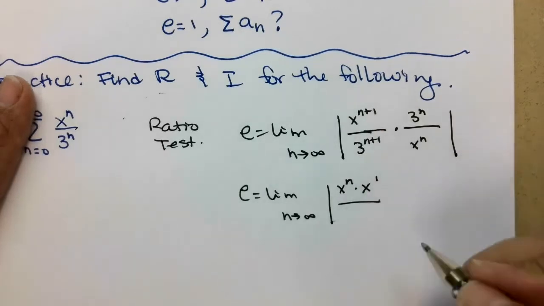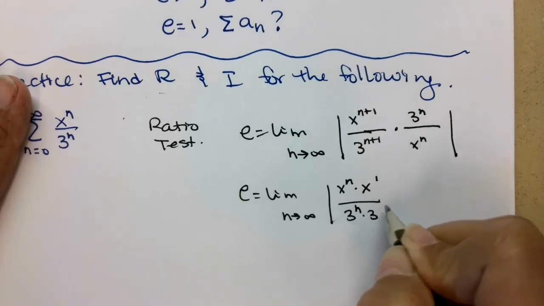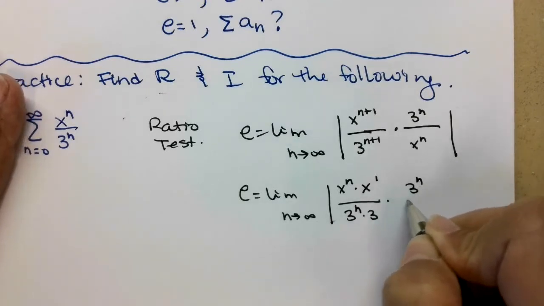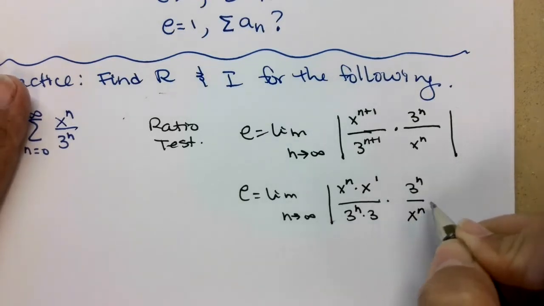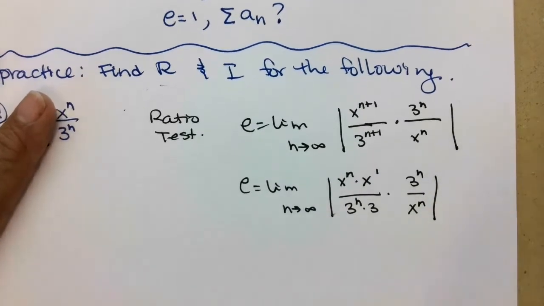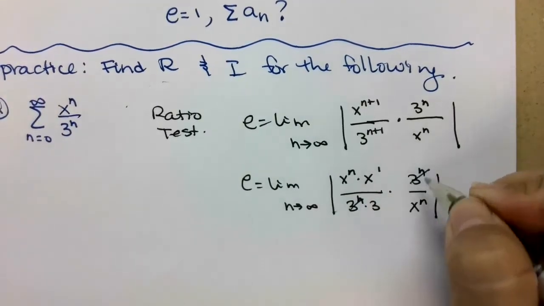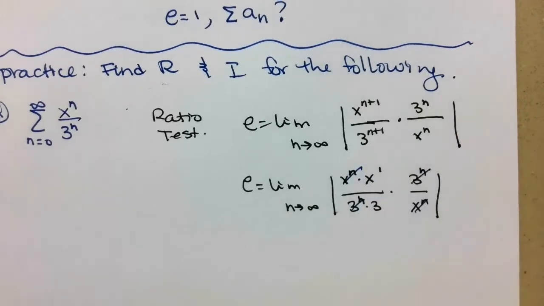We're going to do the same thing with the 3, so 3 to the n times 3. And you see what beautiful thing happens here. Don't worry, after you've done 2 or 3 of these, you will see that over and over, so it won't be that bad. Now you can go ahead and reduce, cancel out those common factors, the 3 to the n's and x to the n's.